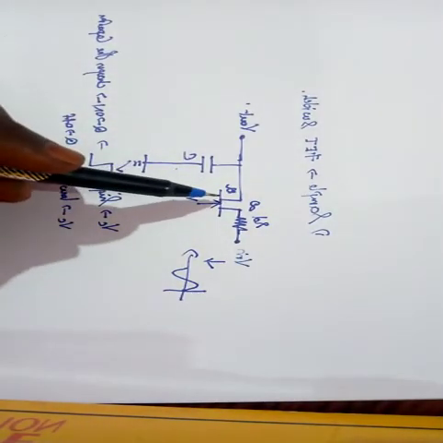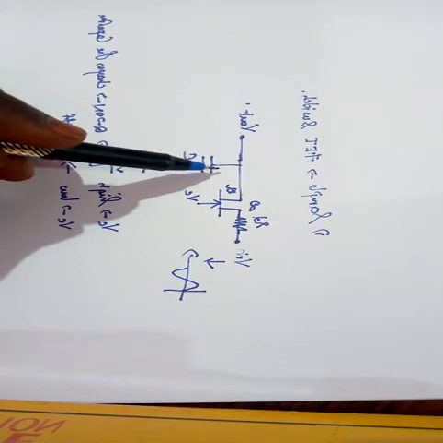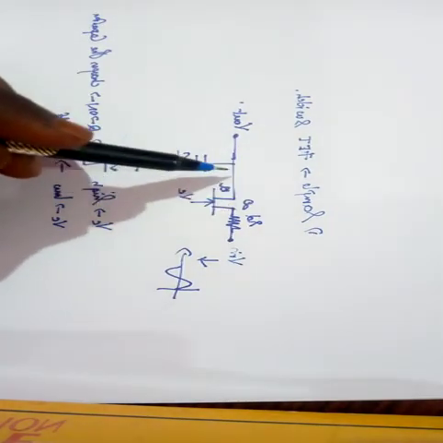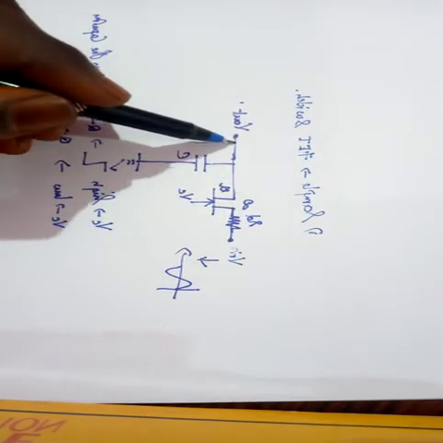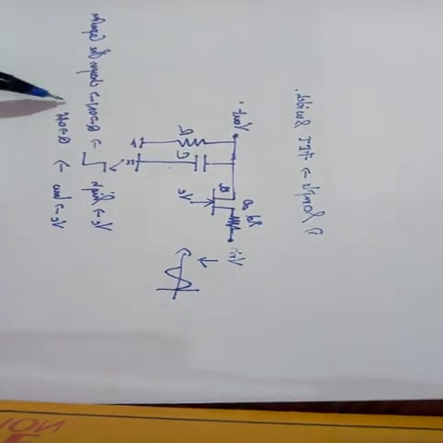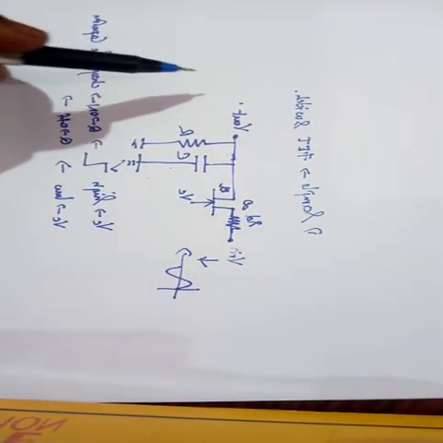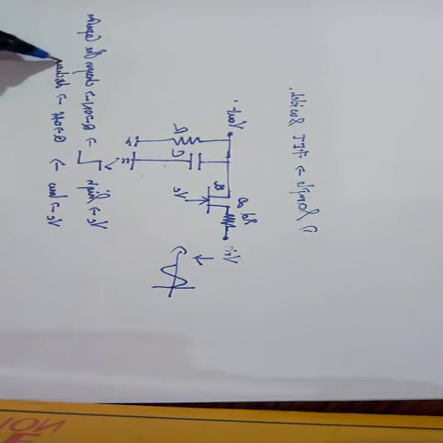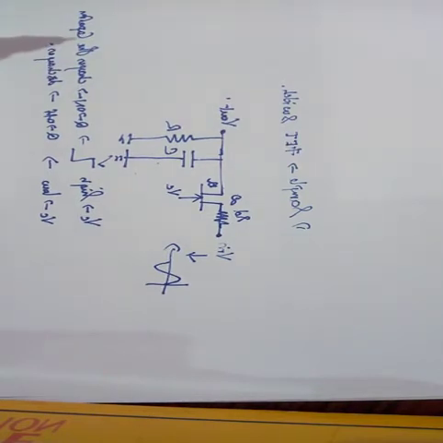So the capacitor will look for a path to discharge. Since Rd is infinity, it cannot find a path. When I put an R over here, the capacitor will discharge. The capacitor will discharge. This is the basic logic.